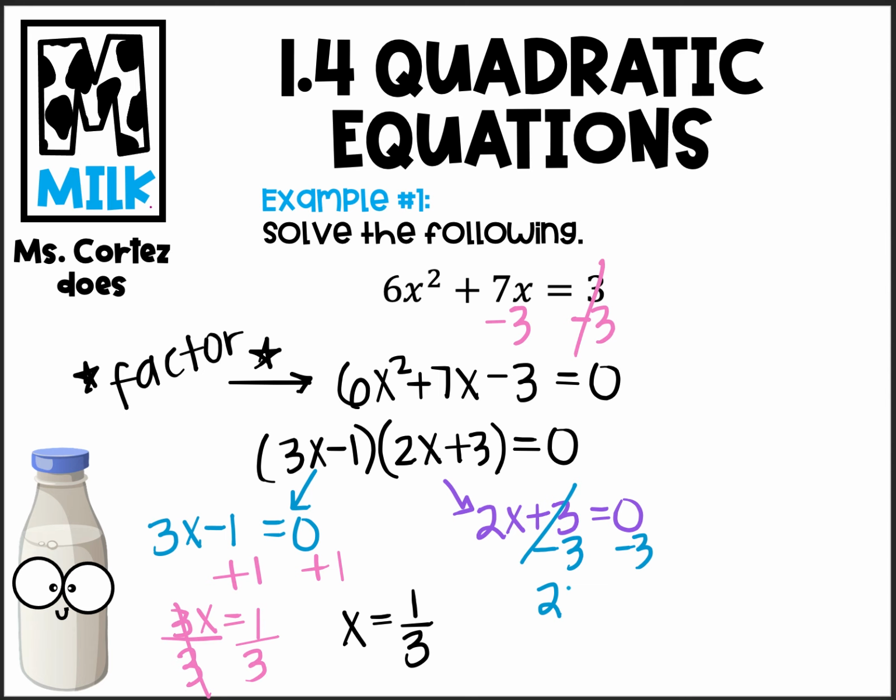Then 2x is equal to -3. Then I can divide both sides by 2. And now my second solution from the second factor is x is equal to -3/2.